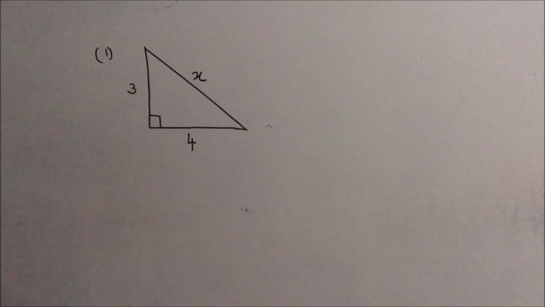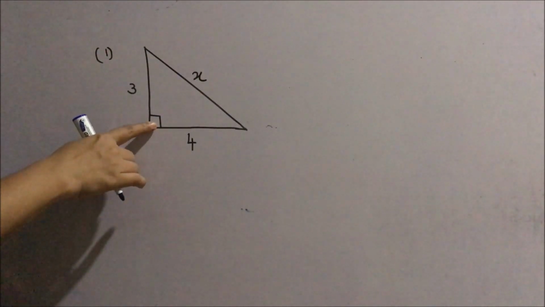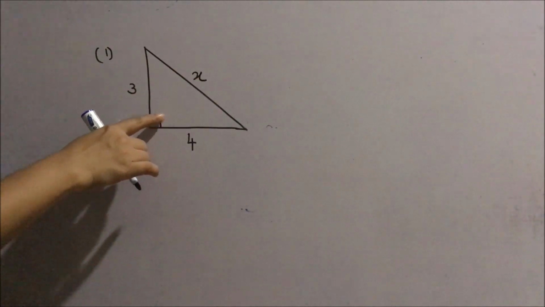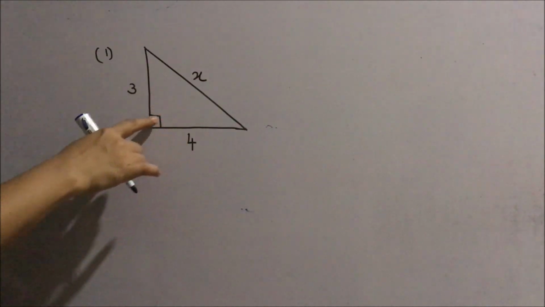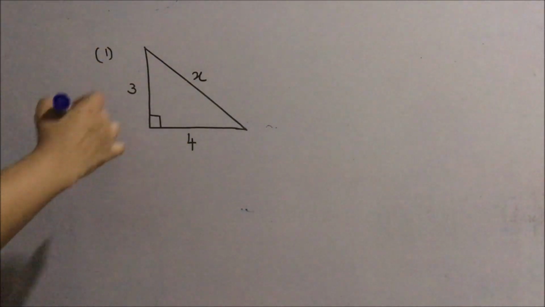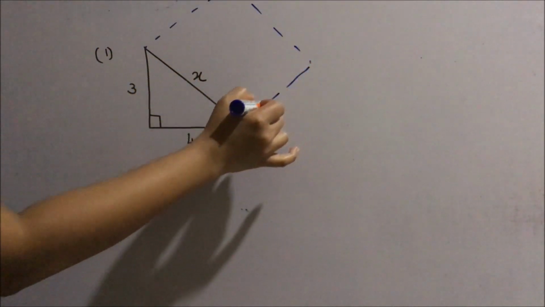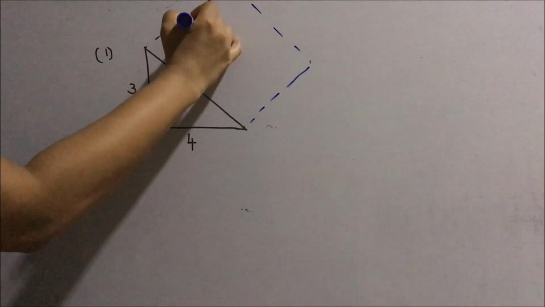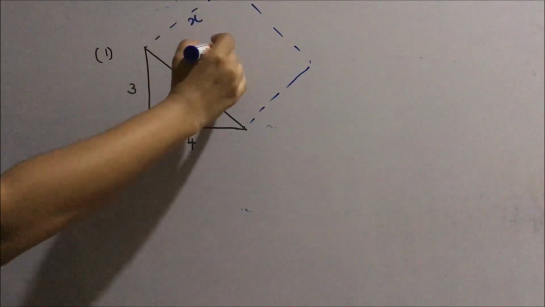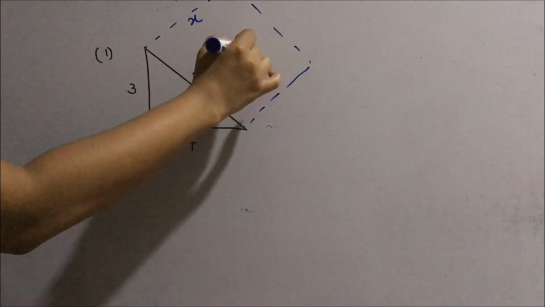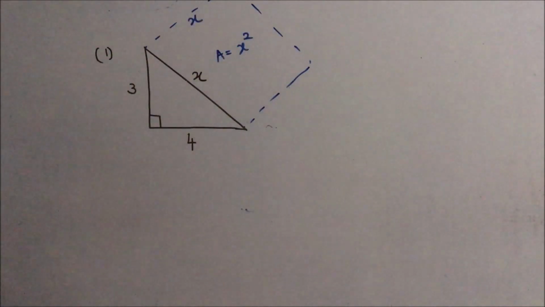Okay, now let's find the value of x using the Pythagoras relation. Now the hypotenuse, the side opposite to the right angle, is x. Then when we draw a square here, this side is also x. Then the area of this square equals x times x, x square.